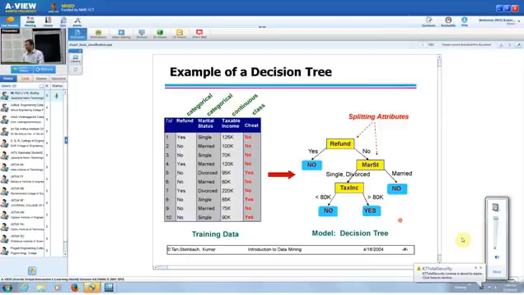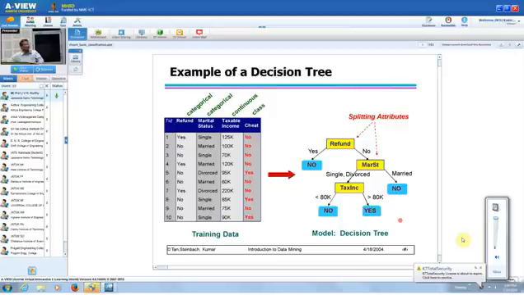Now what happens is, suppose I give you a new set of data. There the class label will not be there. That will be closed. In such a case, you will have only refund status, marital status and taxable income.